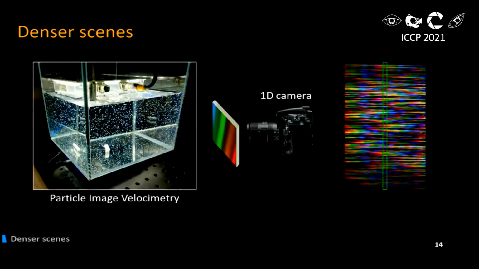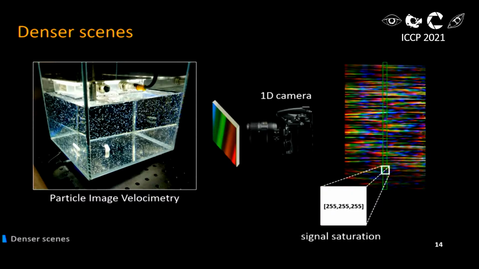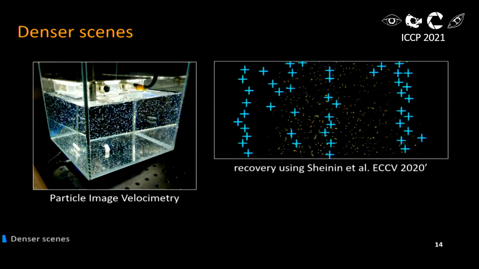But in denser scenes, most of the time we measure some mixture of the rainbow colors. Moreover, the more mixture we have, the more we are prone to signal saturation. And this is why applying diffraction line imaging to these scenes will fail.